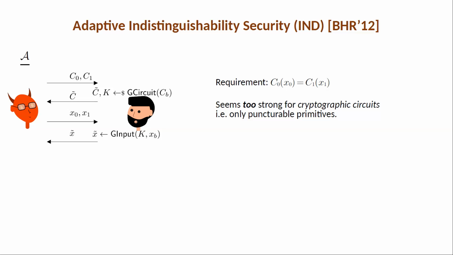That is, we want to garble these cryptographic circuits, and we couldn't do that with SIM. And this requirement that cryptographic circuits, when run on distinct inputs, output the same thing, is a bit too strong because it rules out most of cryptography, except for functional cryptography, which we don't know many examples of.